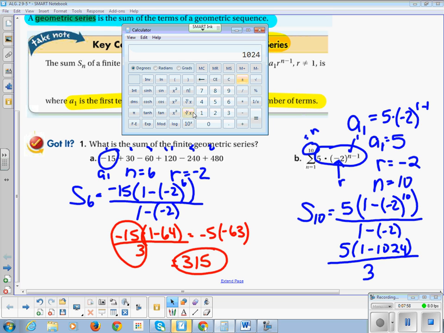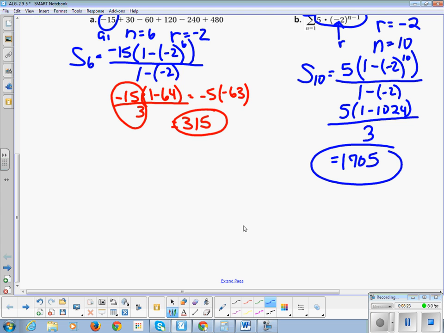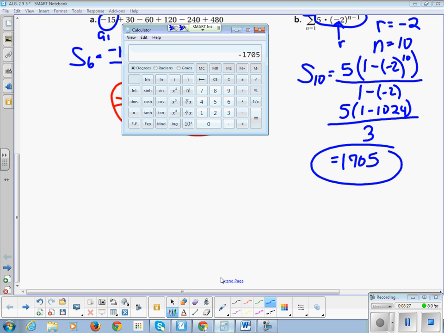So if I go 1 minus 1024 times 5 divided by 3, I get negative 1,705. Is that negative? Double checking. Negative.